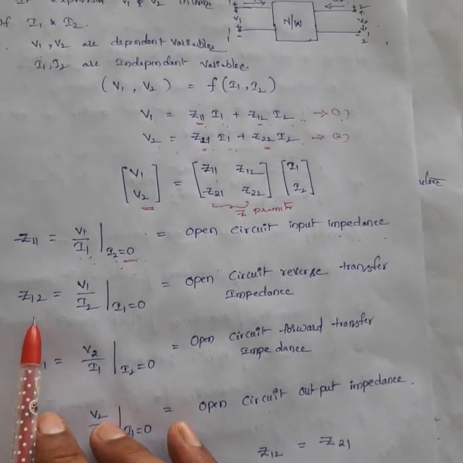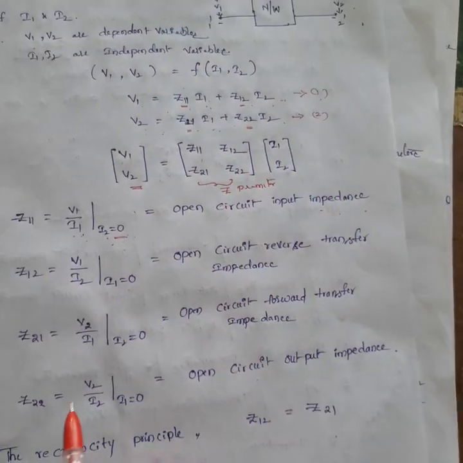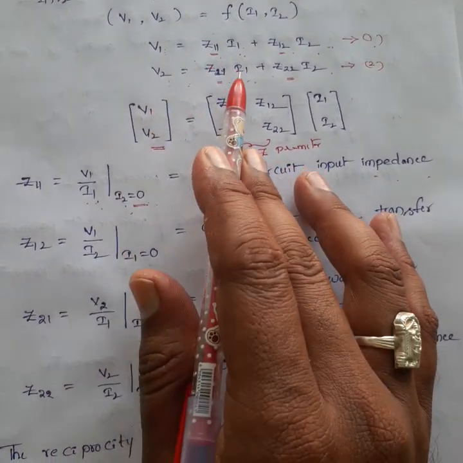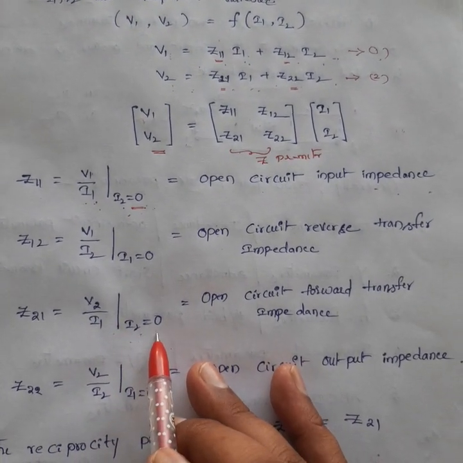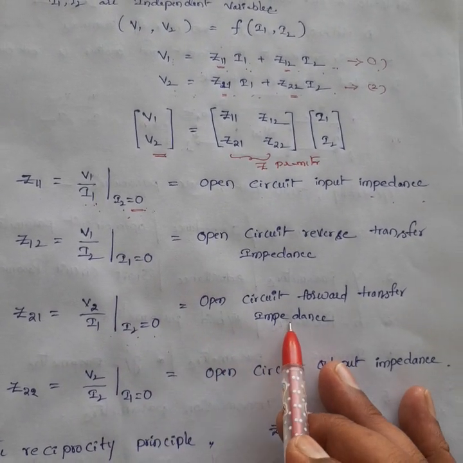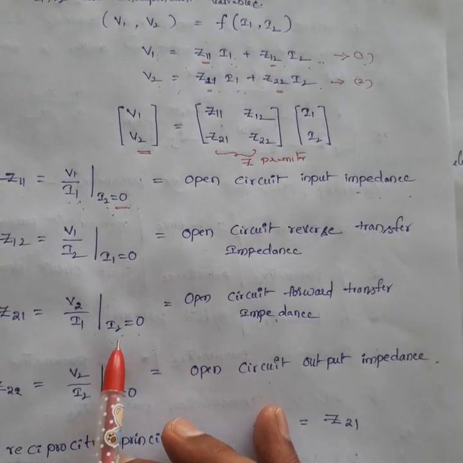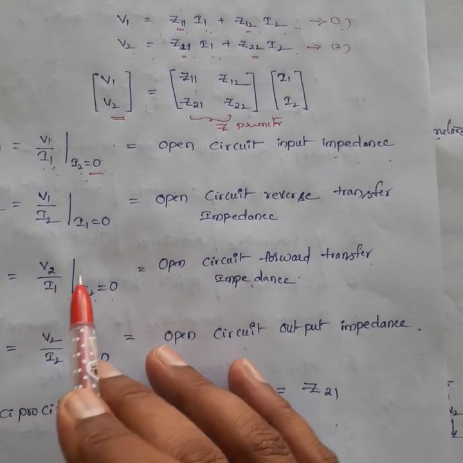And similarly, at I2 equals 0, from the second equation I am getting Z21 equals V2 by I1. Similarly I2 equals 0 is the open circuit, and here the current is in the forward direction. That's why it is the forward transfer impedance.